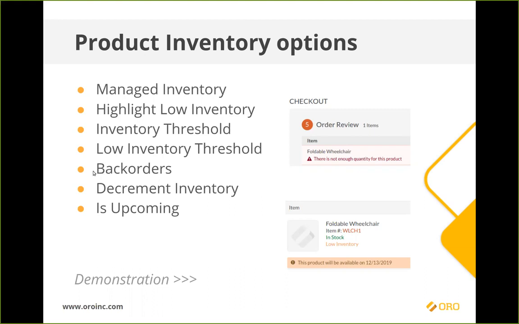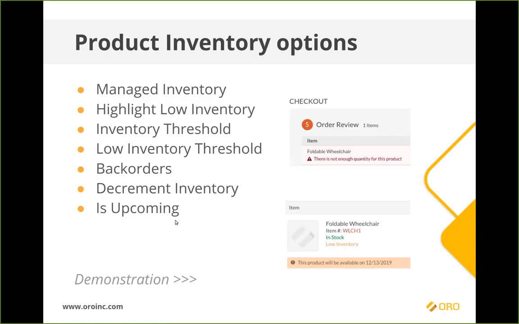The back orders option allows or does not allow you to go negative on your inventory. Back orders technically means that you can have negative inventory for some specific product. Decrement inventory: here we have two options, whether we are allowing decrement inventory using the standard order feature, or you are going to decrement it in some other unusual way, let's say via third-party integration, or via some kind of import logic.